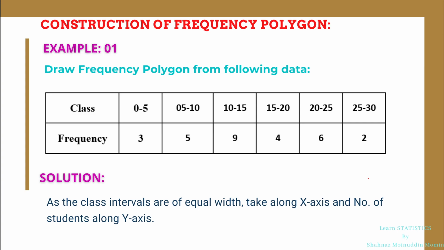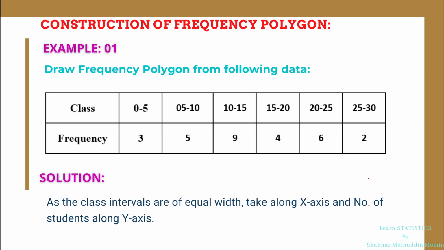Now, by the first method of construction, the first step is to construct a histogram. In order to construct a histogram, we must identify the types of classes regarding their length and width.